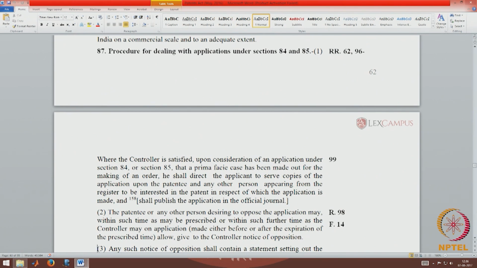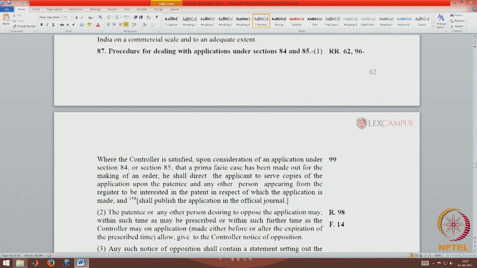An application was made under 84 and a compulsory license was granted, and then it was not worked for 2 years, or it was not made available at a reasonable affordable price, or the reasonable requirements of the public were not met. Now, in those situations 85 operates. So, one of the prerequisites for 85 is that there is a grant of a compulsory license under 84. That is why you find the procedure common for 84 and 85.